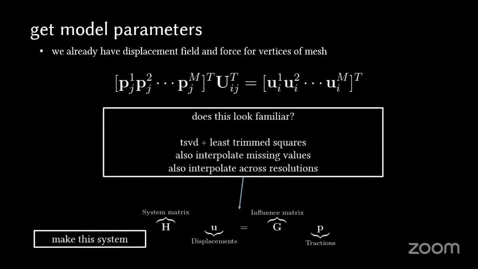So you again do similar stuff as earlier: you solve a system of equations. Once you do that, you will get back to the system of equations that we talked about earlier for volumes, and you can solve this with Sherman, Morrison, Woodbury, like they did. There's all of this stuff about interpolating across resolutions and interpolating across missing values.